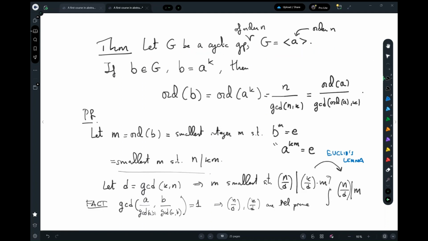And that's what I'm using over here, is that these two, this one and that one, are relatively prime. This divides the product, so this one has to divide M.